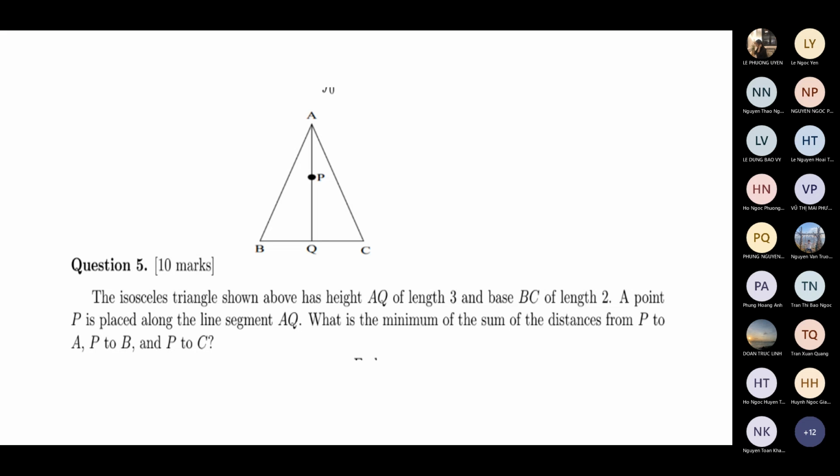Now let me see my firm. Yeah, the same. It's correct, Phương? All right.